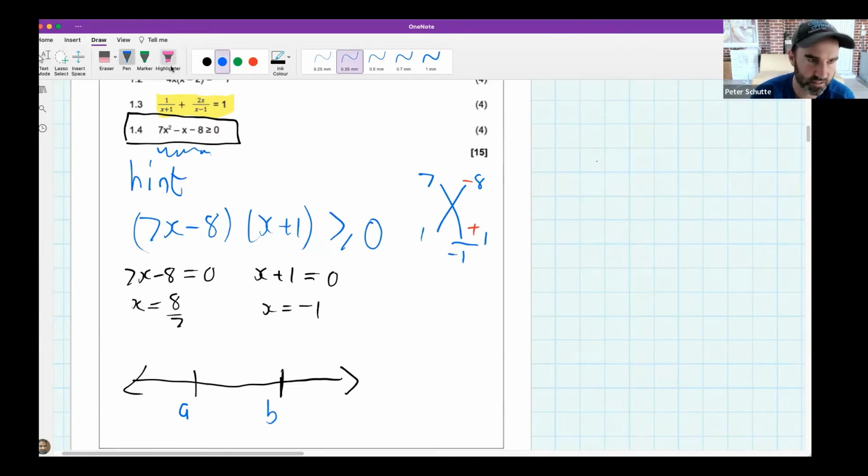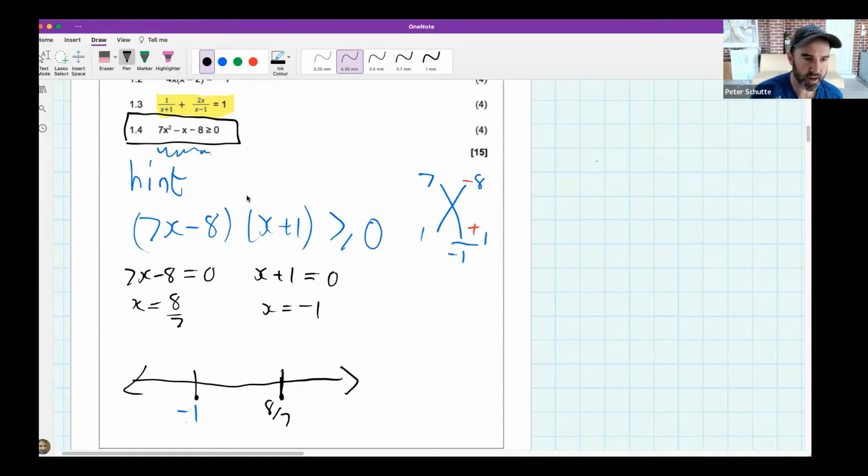Yes, yes. Guys, you're doing well. So because it's a number line, this must be -1. And this one must be 8/7. Okay. Now, what I do is I call these values the zero values because literally, one of my zero values is -1.